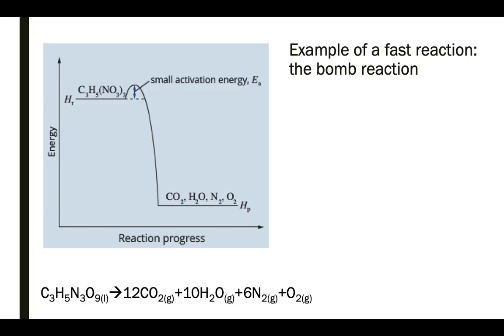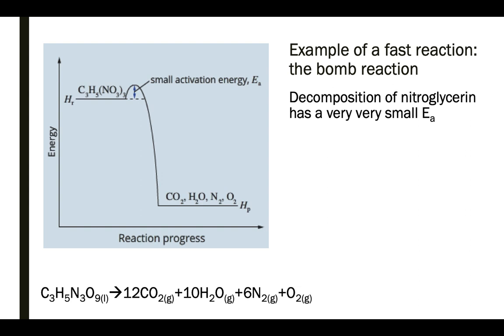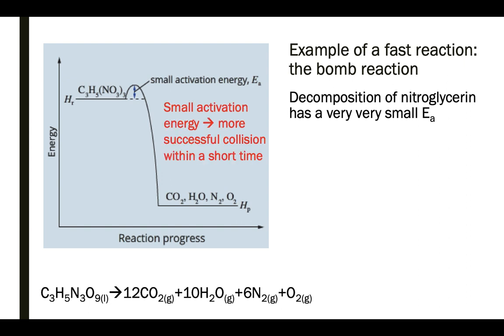So this is an example of a fast reaction, which is the reaction that we use to make bombs. Essentially, it is a decomposition of a substance called nitroglycerin, and it has a very small activation energy. So small activation energy will lead to more successful collisions within a short period of time.